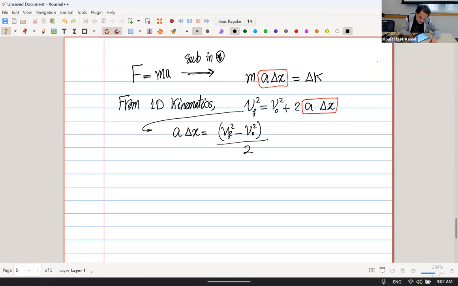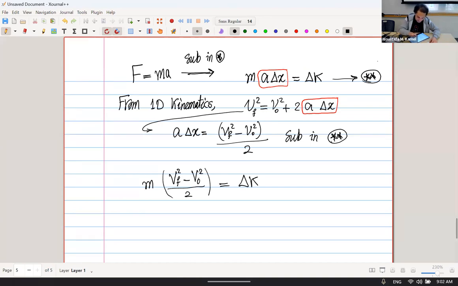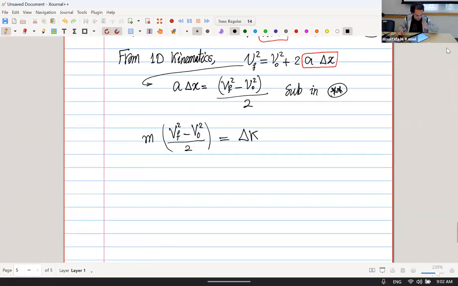And then we can substitute that into equation double star. So we get the following: m times v final squared minus v initial squared over 2 equals delta K. Which can be tidied up a little bit.